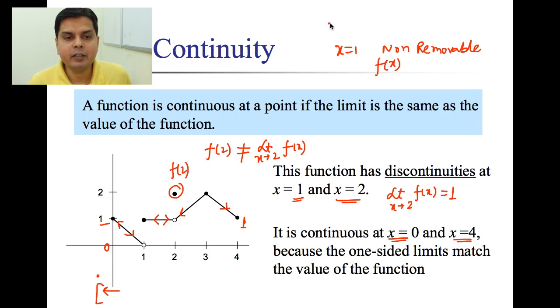But at x is equal to 2 the limit exists. How much is the limit? 1. So if I suitably define my function as f(2) is equal to 1, then this discontinuity will be removed. So at x is equal to 2, the discontinuity is a removable discontinuity.